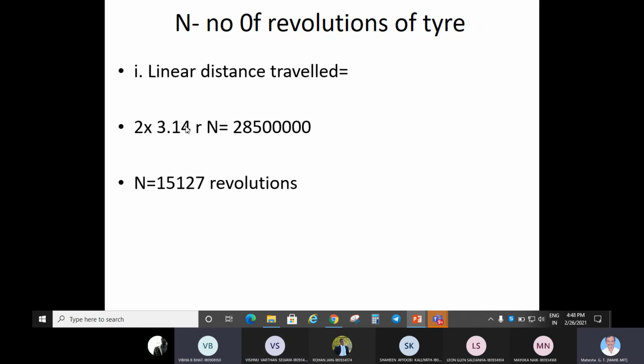Okay. So it comes in the order of 10 power 6. 28,500, okay, maybe I may be wrong. Anyway, substitution should be like this. I may be wrong while calculating. This R should be 0.3. Then you will get whatever. I'm not sure about my answer. I want someone else to see.